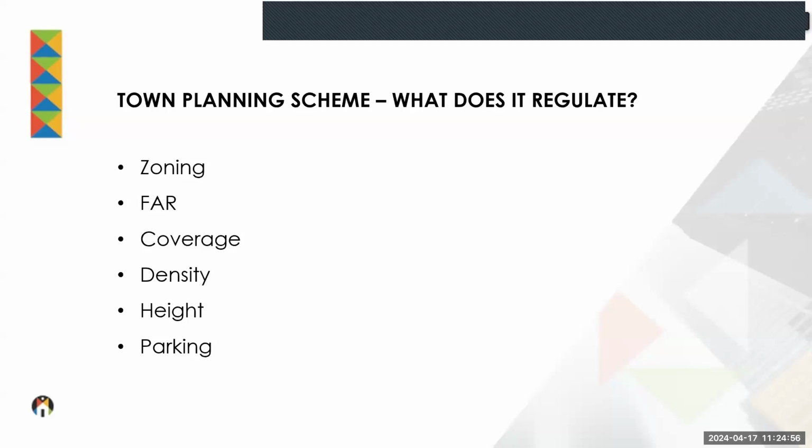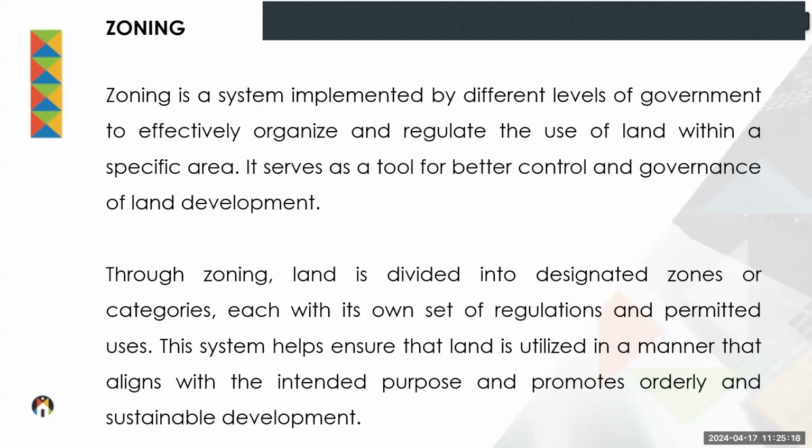Another thing it might cover is the parking requirements for certain types of developments. As you can see, these things are not covered by the building regulations, but when we design a building, we have to comply with them as well.